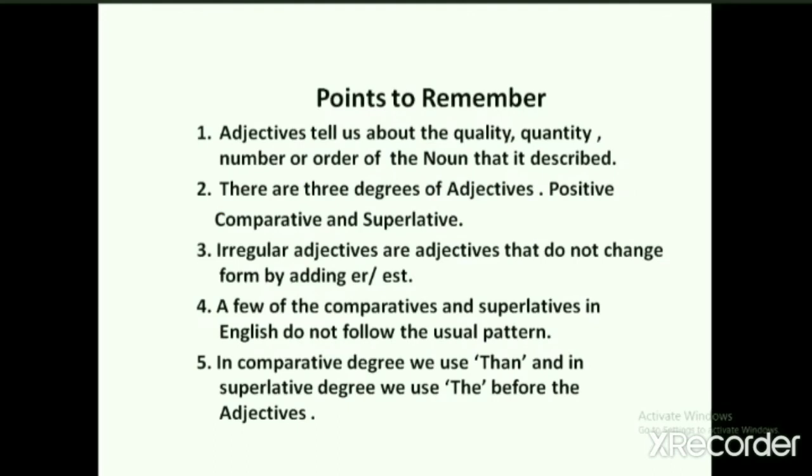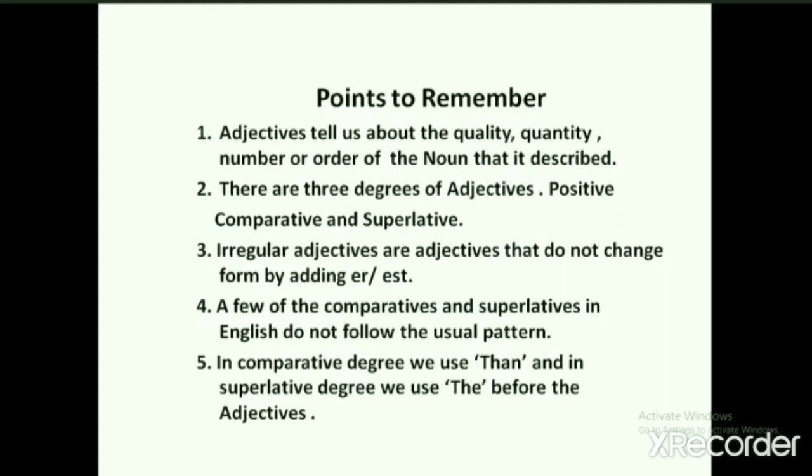Here, children, you see some points. You will have to remember all these points always. These are very important points. Number 1, adjectives tell us about the quantity, quality, number or order of the noun that it describes. Number 2, there are 3 degrees of adjectives: positive, comparative and superlative.